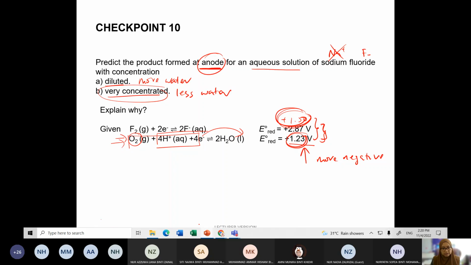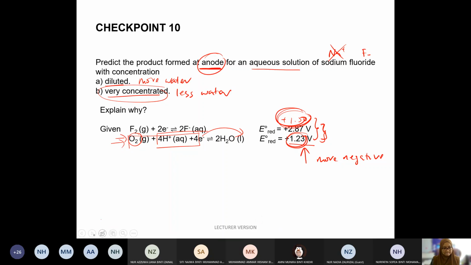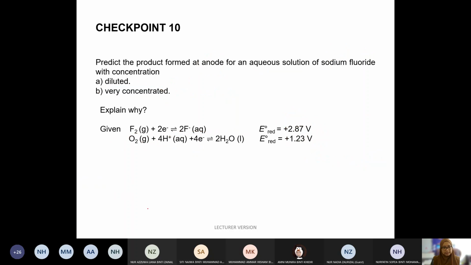Let me just erase this one first. What happened here is that the difference is too far. The difference is large. This is 1 plus something. Even though it is very concentrated with F minus, the E0 reduction is very, very far apart.